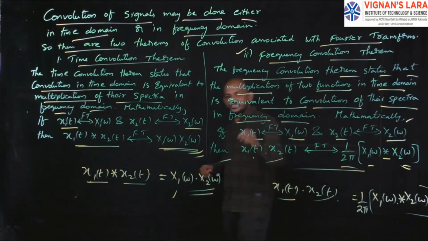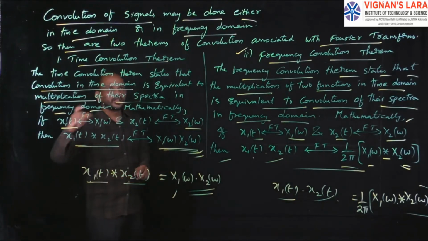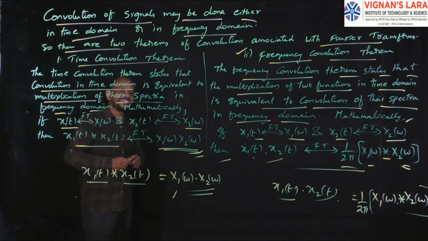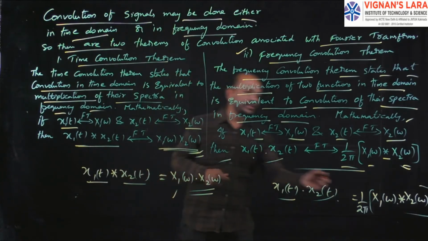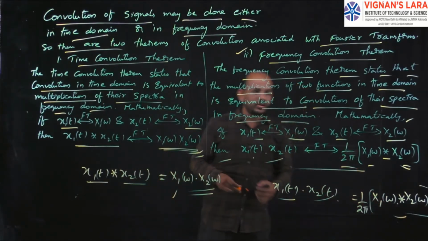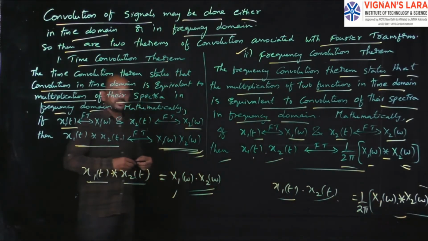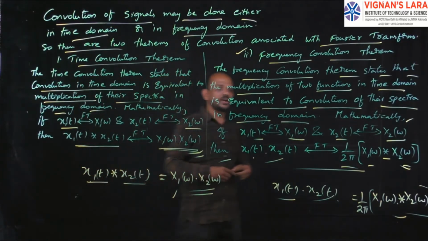So this is the explanation about convolution of the signals in time domain and frequency domain, that they are giving as two theorems, time convolution theorem and frequency convolution theorem. Okay, and the next topic is graphical representation of convolution.